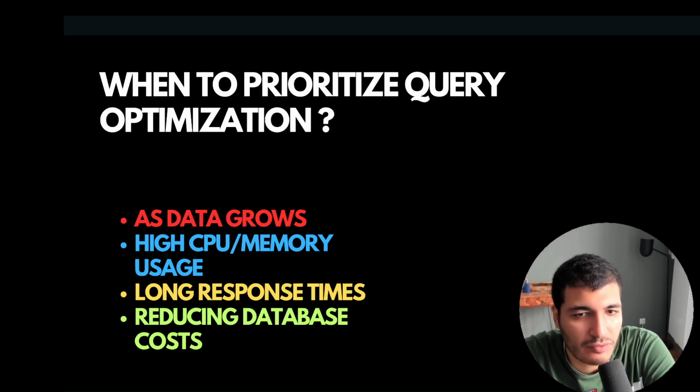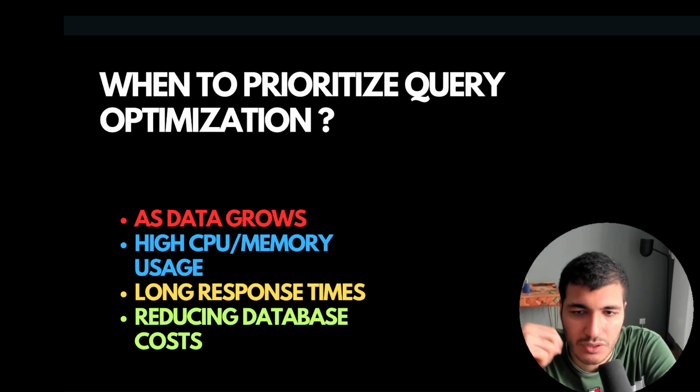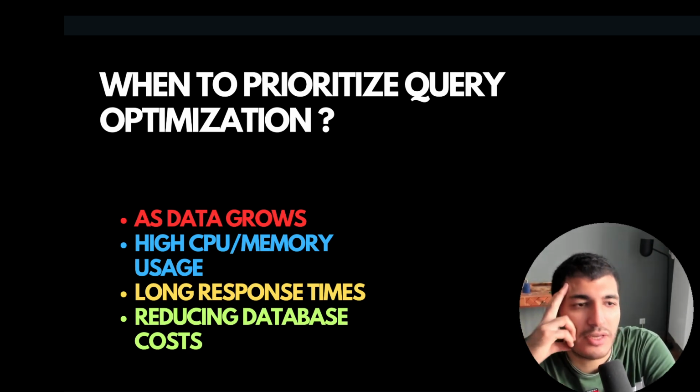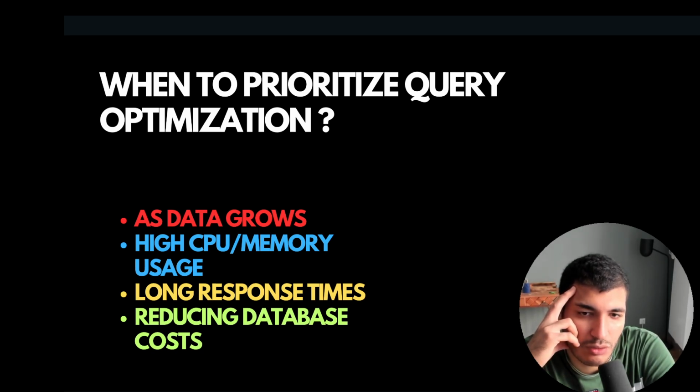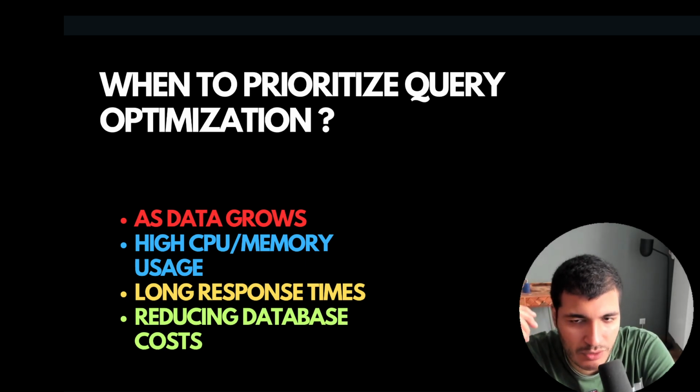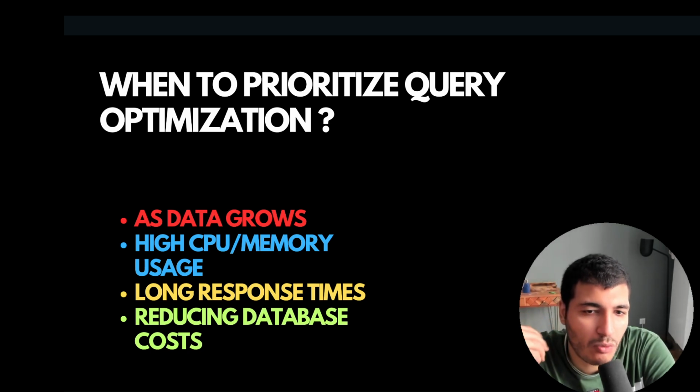If your application feels sluggish due to database interactions, optimization is clearly needed. And number four, reducing database costs. In cloud environments where you often pay for CPU, memory and I/O operations, making your queries more efficient directly translates to cost savings. By doing more with less, you reduce your cloud bill.